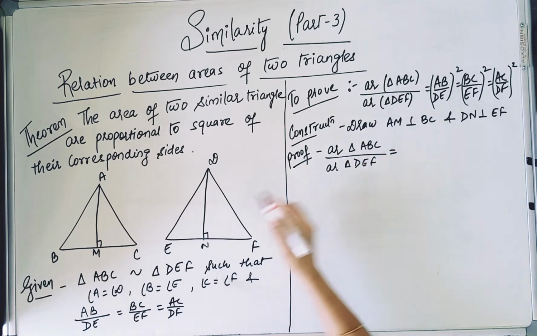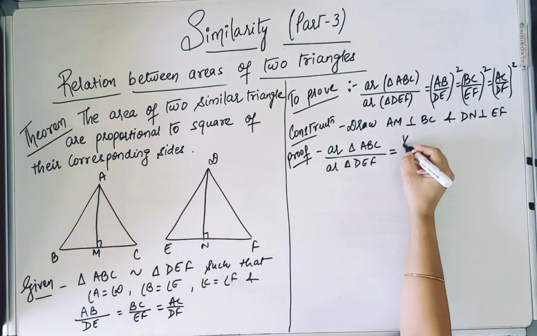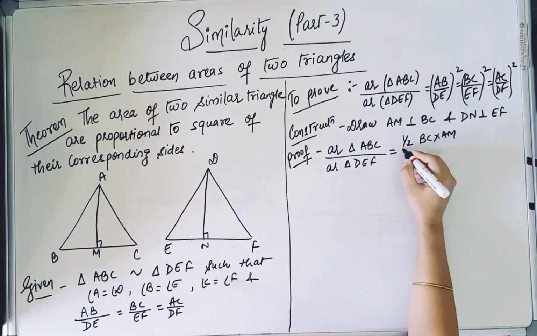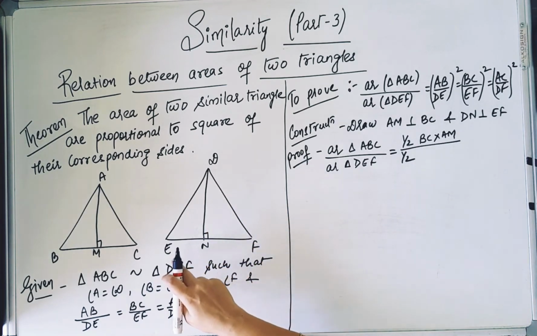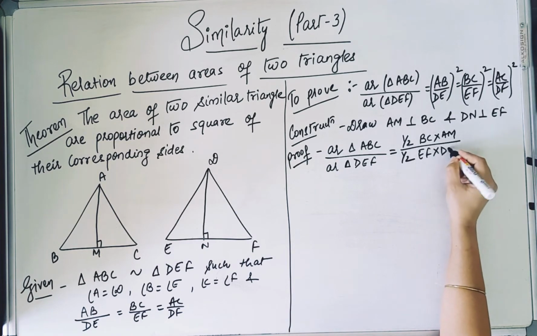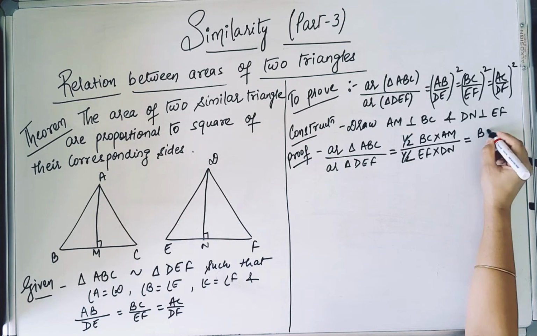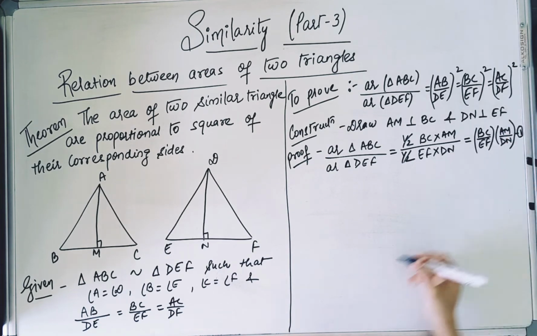Area of a triangle is half base into height, so I can write half BC into AM by half EF into DN. The half and half get cancelled, so we get BC by EF into AM by DN. This is equation number 1.